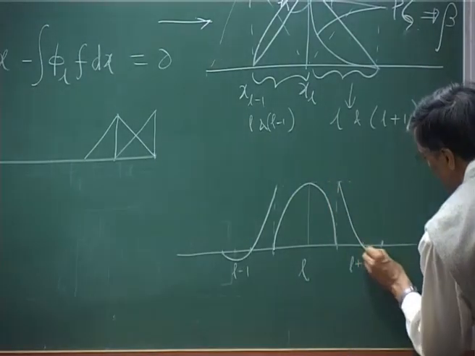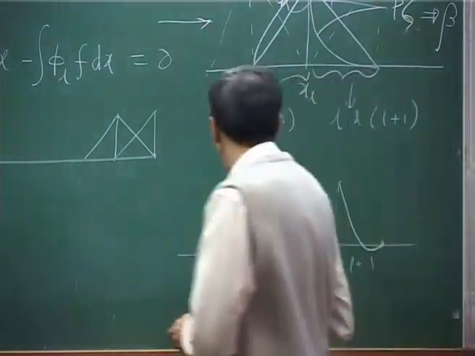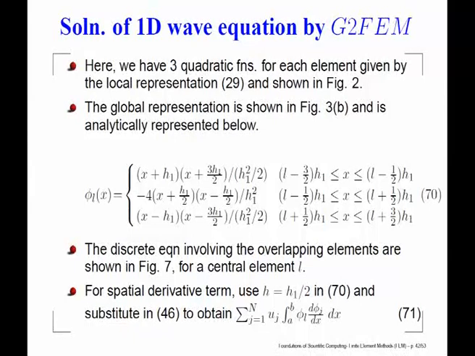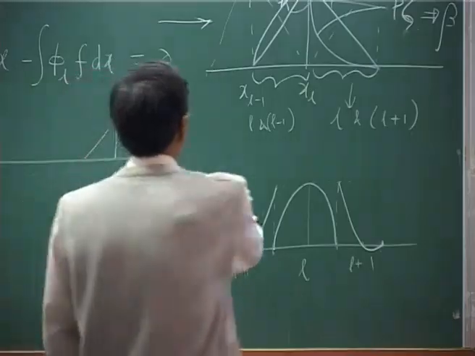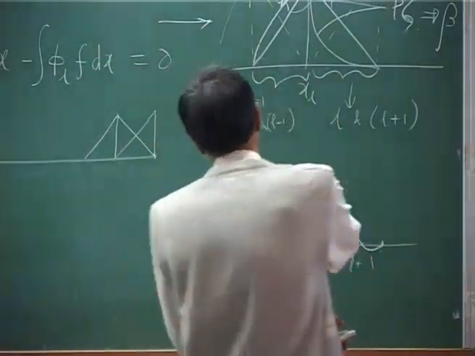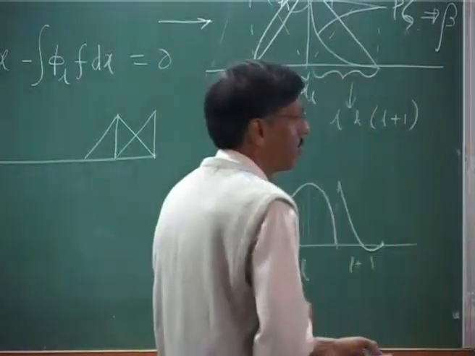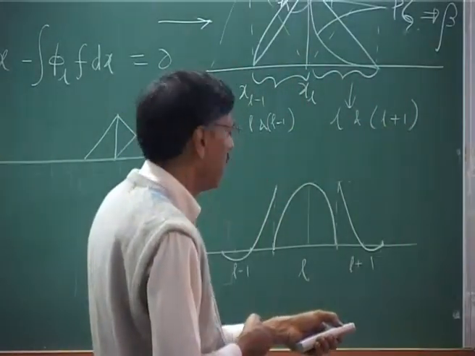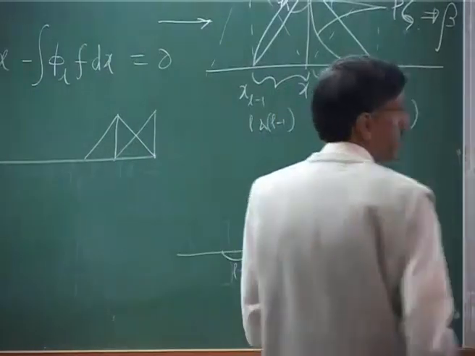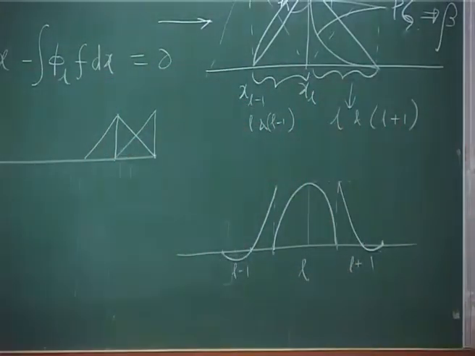Okay. So, basically the top function is the left one, the middle one is this parabolic curve that we see here, symmetric, and this is the right hand element. So, this is what you get from the quadratic polynomial used in this.